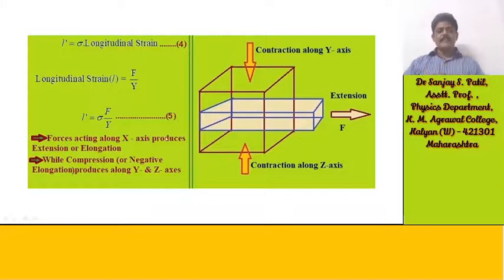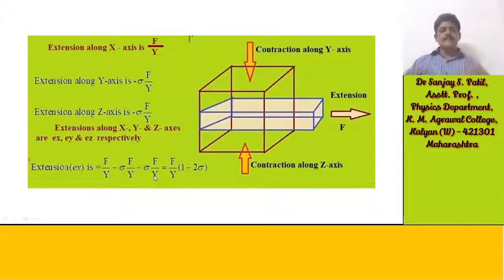Force acting along the x-axis produces extension or elongation, while compression or negative elongation is produced along the y and z axes. Extension along the x-axis is small l, which is equal to capital F divided by Y, and extension along the y-axis is minus sigma into capital F divided by Y. Extension along the z-axis is minus sigma into capital F divided by Y. So extensions along the x, y and z axes are Ex, Ey and Ez respectively.